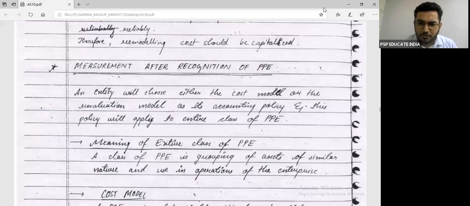Now my question to you is, please answer with yes or no. Can I use cost model? ध्यान से सुनना.